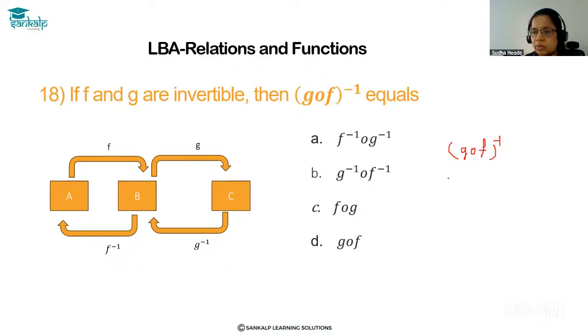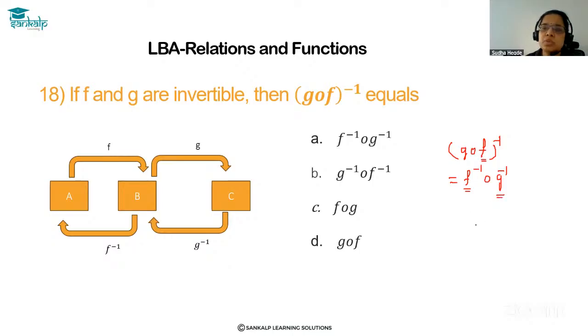First you have to take f inverse, f inverse composition g inverse. Okay, first the second element you need to take and take inverse composition, then first element inverse.